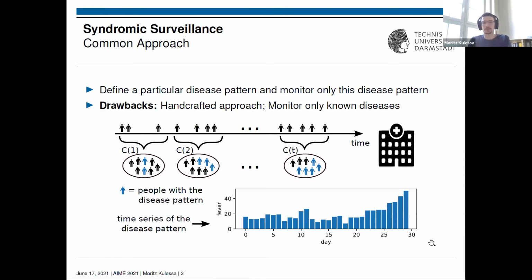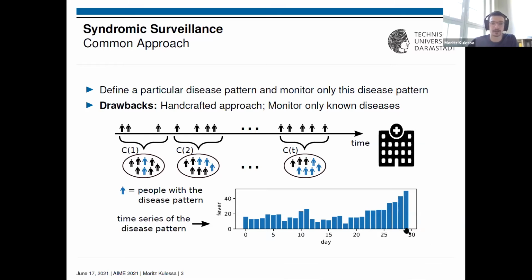The common approach to syndromic surveillance is to first decide on a disease, and based on the disease, we define a disease pattern which is monitored over time. For example, if we want to monitor influenza cases, we could create a disease pattern which contains fever.